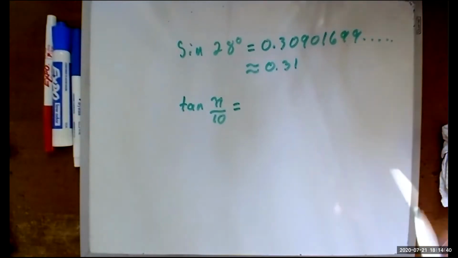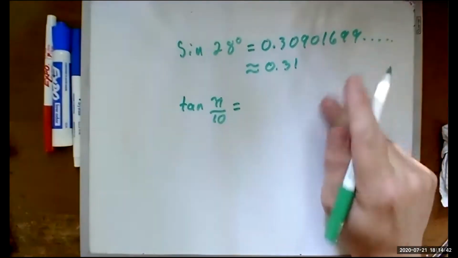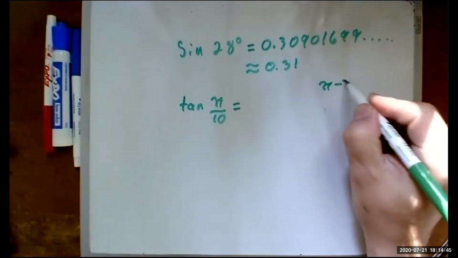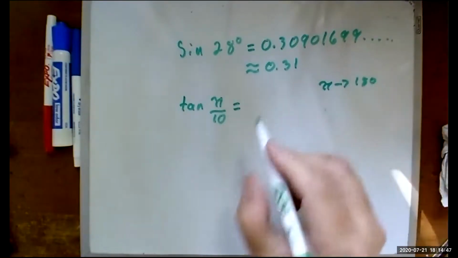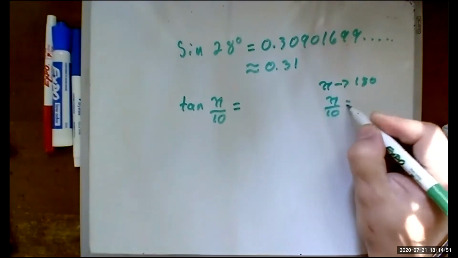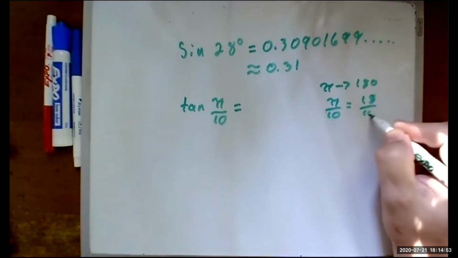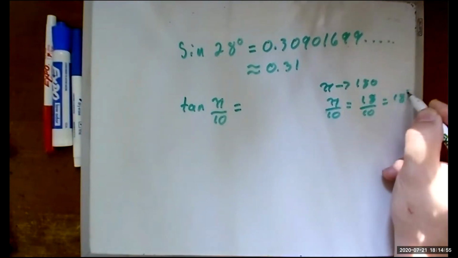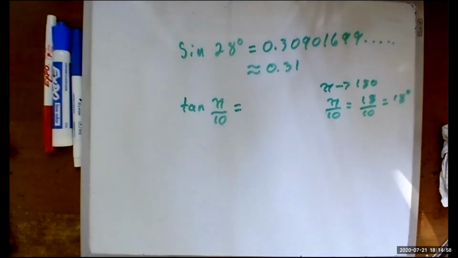I'm going to do it the fast way again. Remembering that pi can be translated into 180, we could say that pi over 10 is the same as saying 180 over 10, or simply 18 degrees.